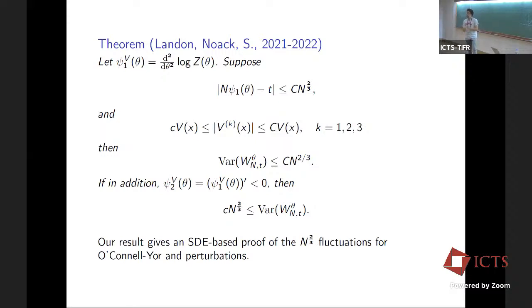Any questions about the result? Yeah. So in random matrices, when you have the Gaussian case or say Wigner matrices, then you can look at the distribution of the eigenvalues. There, that sort of corresponds to having a potential V of x equal to minus x squared by 2.